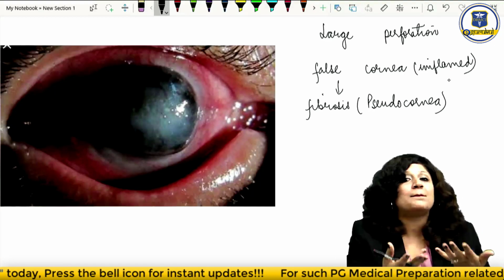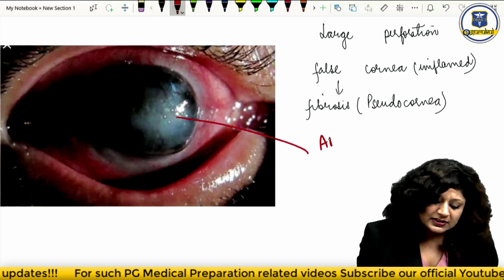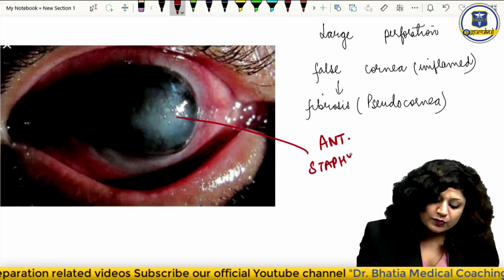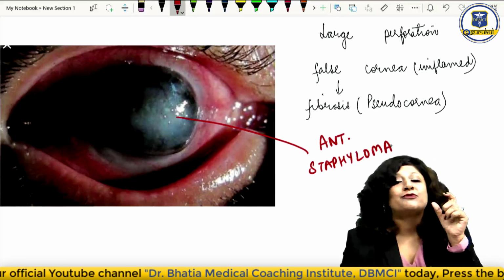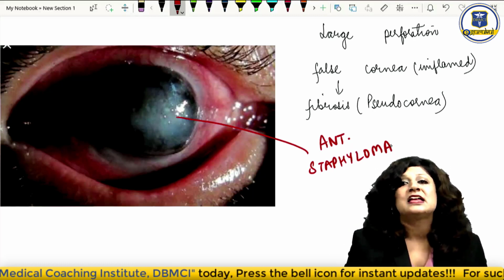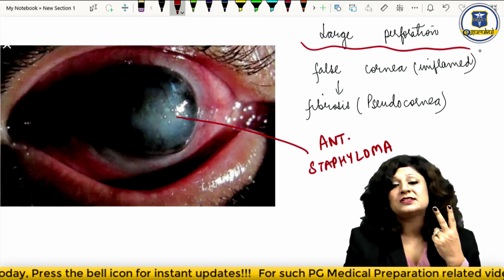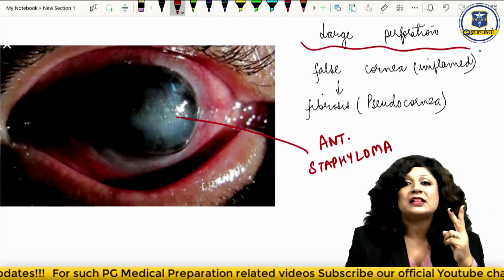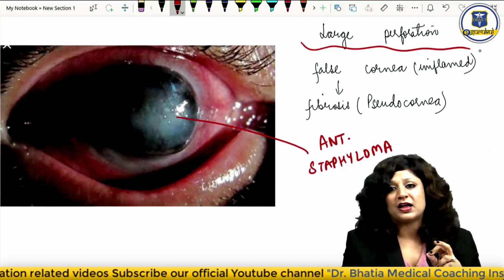Because of this, it is also called anterior staphyloma. Staphylo means bunch of grapes appearance. So, very important two questions: the sequelae of small perforation is the adherent leukoma, while the sequelae of large perforation is anterior staphyloma.